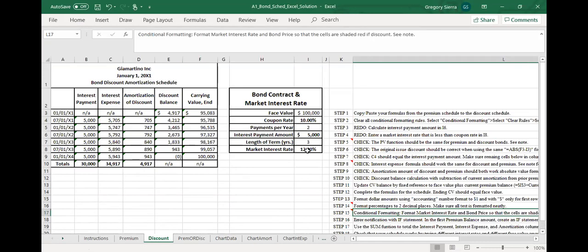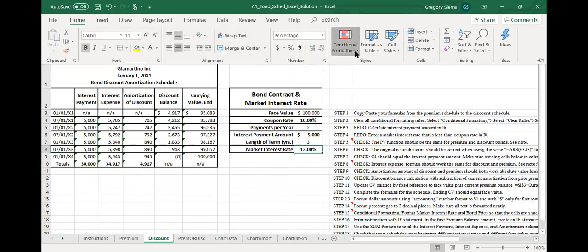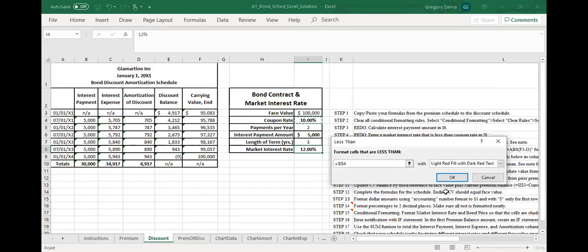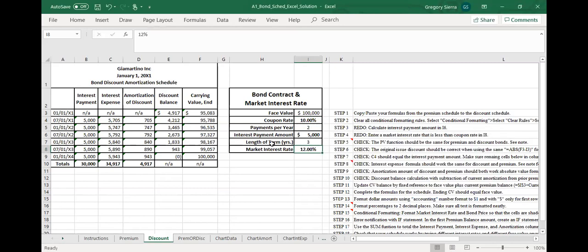Conditional formatting. Okay, so now we're going to go home, conditional formatting, highlight cell rules. So we don't want it to be less than 10% because then it would be a premium. So if I accidentally put in 8%, which is below, then it's a premium. It tells me, hello, you put the wrong rate in, this won't work.